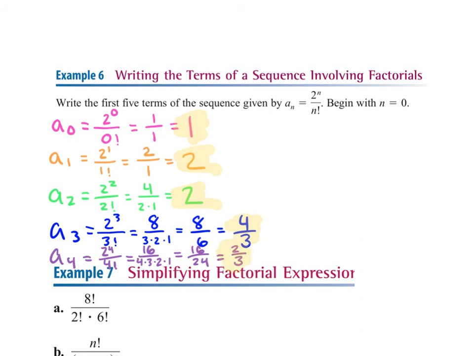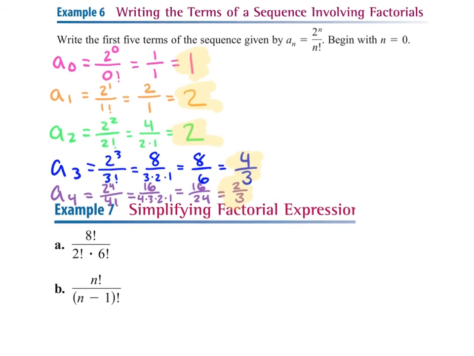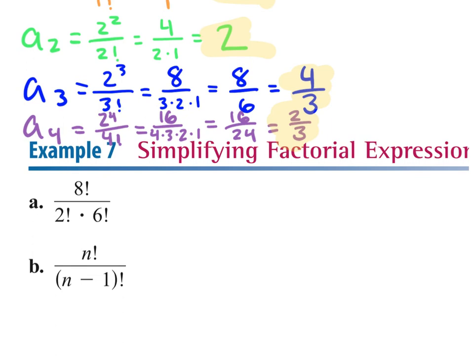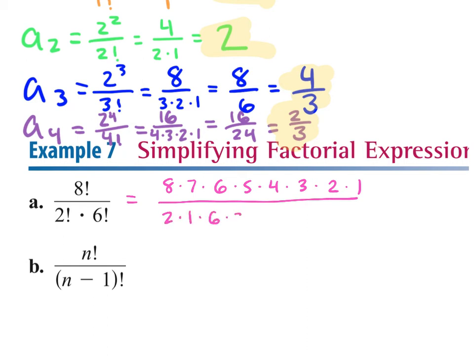Ready for the next one? Yes. All right. Example 7a. So it asks us to simplify. So on the top here, we have 8 times 7 times 6 times 5 times 4 times 3 times 2 times 1. On the bottom, we have 2 times 1 times 6 times 5 times 4 times 3 times 2 times 1.